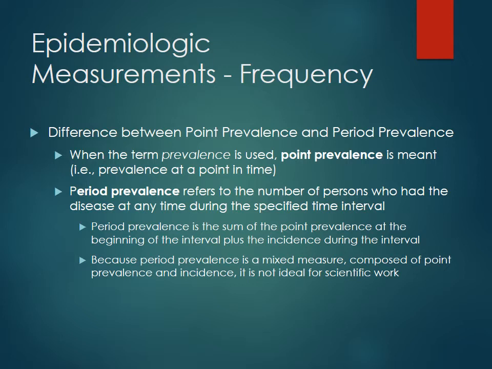But period prevalence is really the sum of the point prevalence at the beginning of the interval plus the incidence during whatever interval you're looking at. So again, you take it at the very beginning and at the end to see where you're at. Because the period prevalence is a mixed measure composed of point prevalence and incidence, typically it's not ideally used for scientific work. So you won't see this used too often, but I'll give you an example of what it looks like just so you can make heads and tails of it.